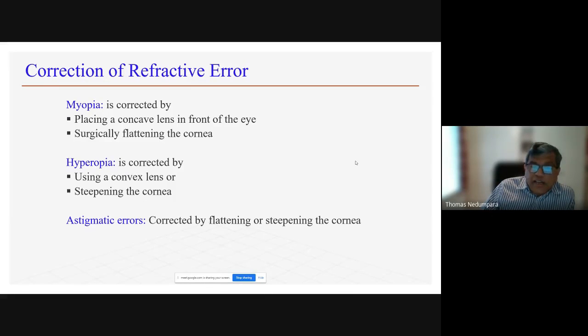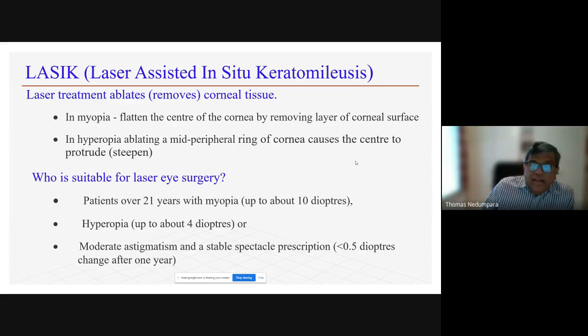So you can either flatten the cornea or steepen the cornea, depending on the situation. The commonest technique used is called LASIK, laser-assisted in situ keratomileusis. So I already explained, it flattens the center of the cornea in myopia, and it removes a mid-peripheral ring of cornea to cause the center to protrude in hypermetropia.